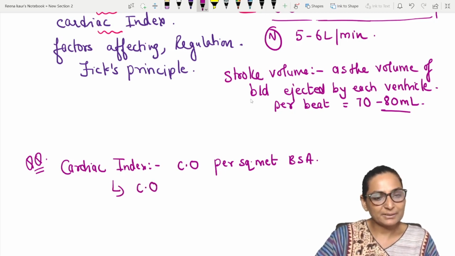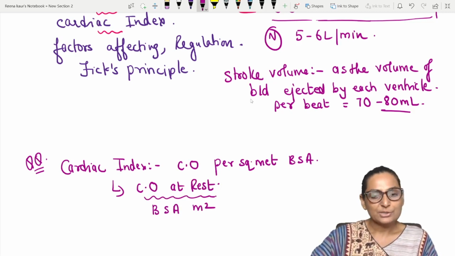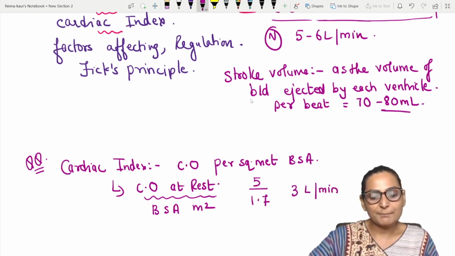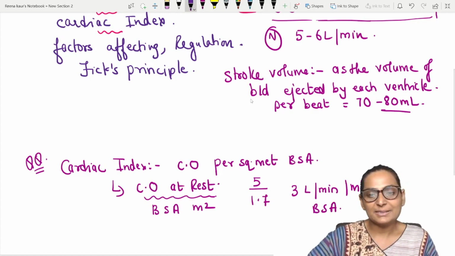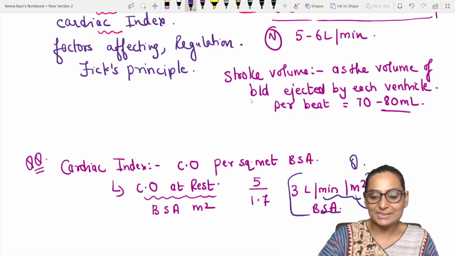It is cardiac output at rest divided by body surface area, which will be in meters squared. So this comes to around 5 liters divided by 1.7. The normal value comes to about 3 liters per minute per meter square body surface area, and this is very, very important. That means the unit is very important.